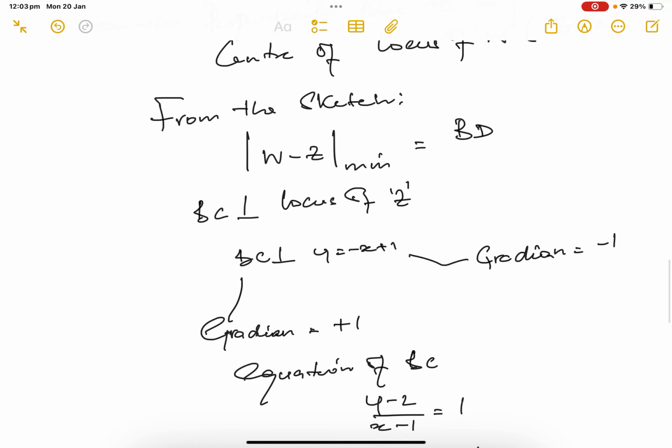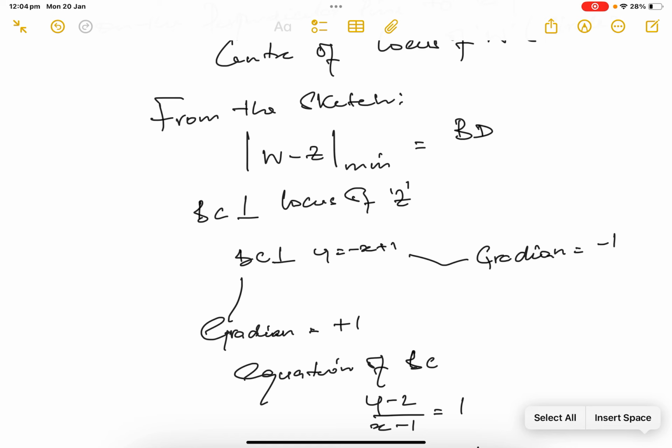Before that, we know that BC, the line from the center of the circle to the locus of Z, is perpendicular to the locus of Z. So BC is perpendicular to that line, the locus of Z, for which we have found the equation y equals minus x plus 1.